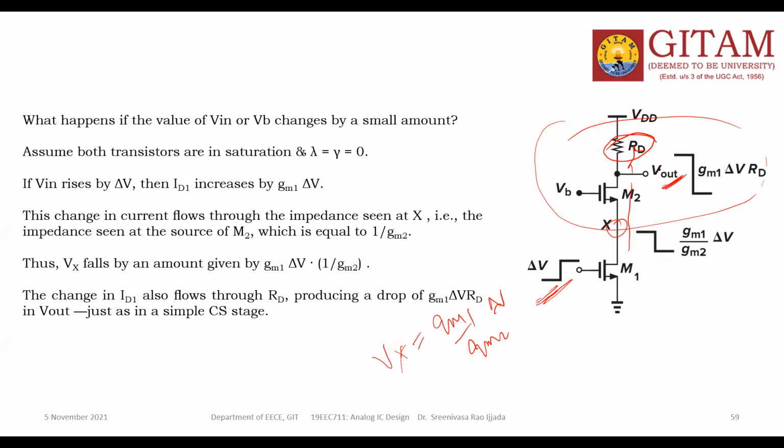But how much the value changes, that we want to find. The current is gm1 into delta V, flowing in the two devices. The drop across RD is this current multiplied with the load resistance RD. Vout is equal to VDD minus the drop across RD.